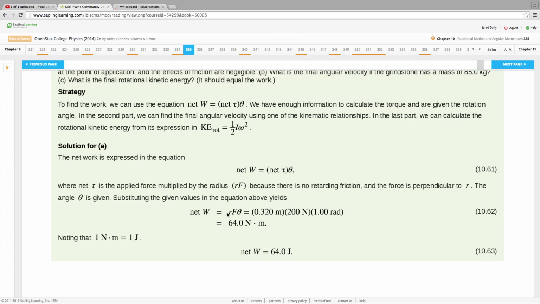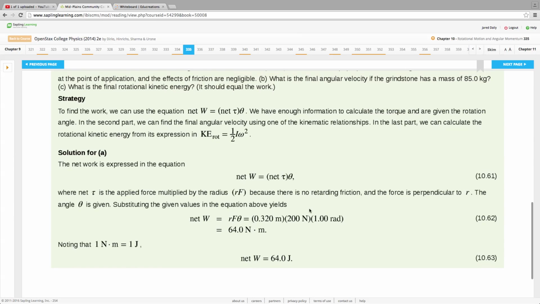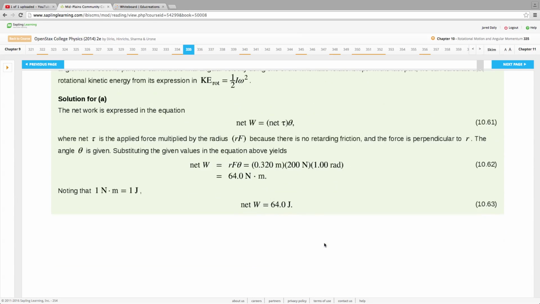So net work is going to be R times F times theta, because that's the net applied force multiplied by the radius, and then we've got an angle theta there for how much angle it goes through. And then you're multiplying by 0.320 meters, the 200 newtons, and the 1 radian given in the problem. And you get your answer.